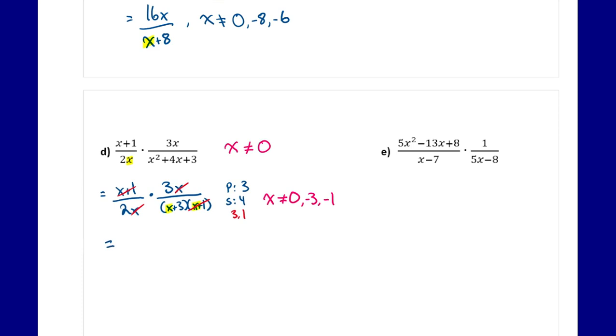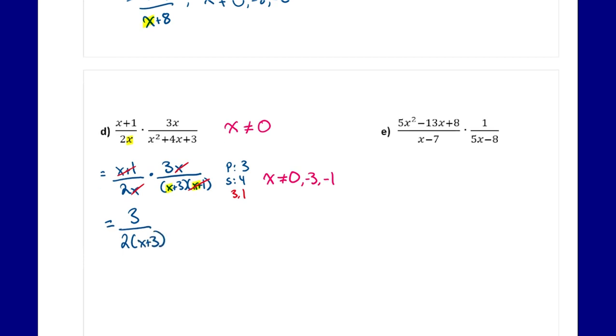So that would leave, and I can't really cancel anything else out. I can't cancel out the x plus 3. There isn't an x plus 3 on the top, and it's adding in between, so I can't do anything separately. So on the top, I'm left with 3 divided by 2 times x plus 3. I can simplify this a little bit more.